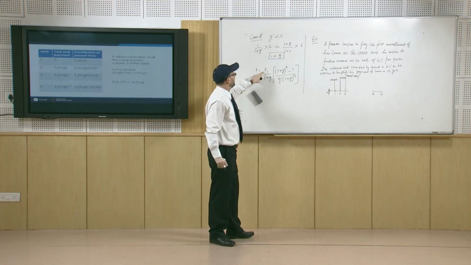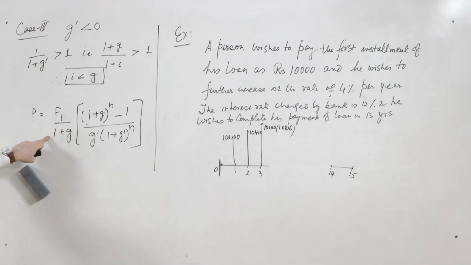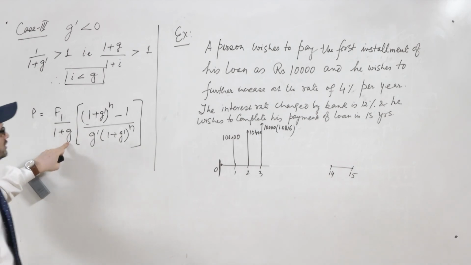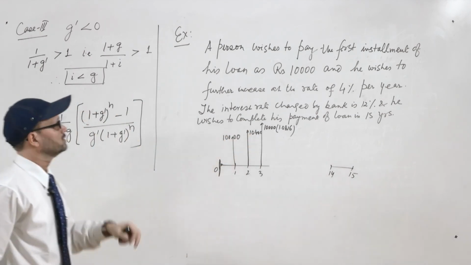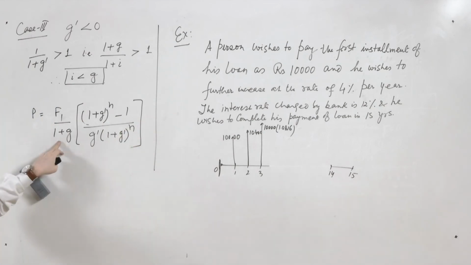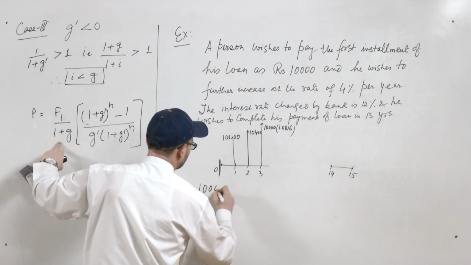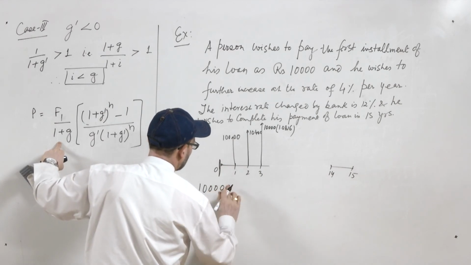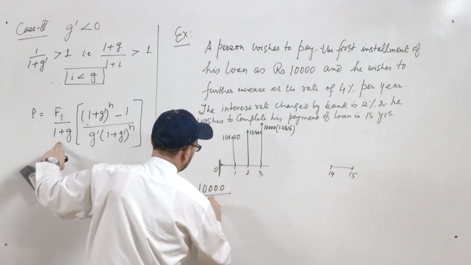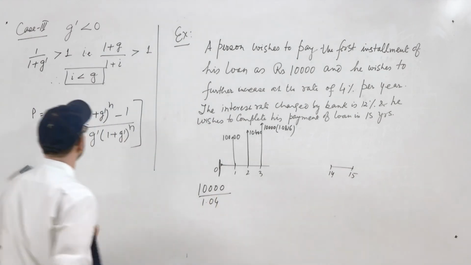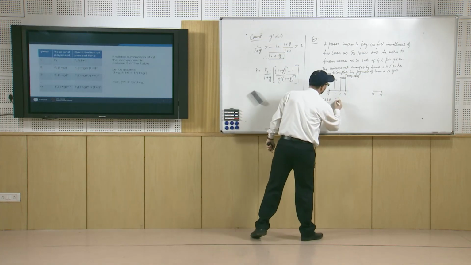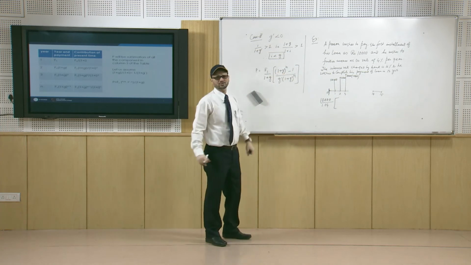So, this will be F1 by 1 plus g. F1 will be 10,000 by 1 plus g. g you know is 0.04, so it will be 10,000 by 1.04. Then you have to find these factor values.